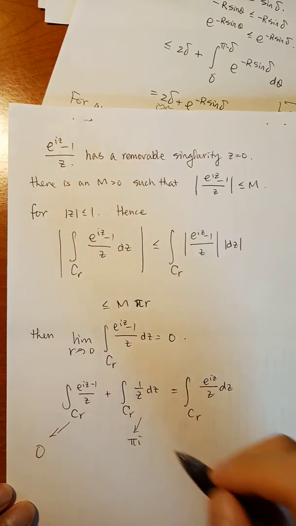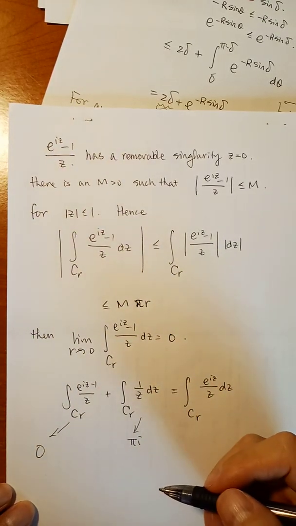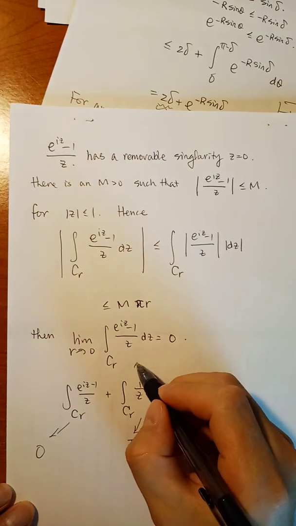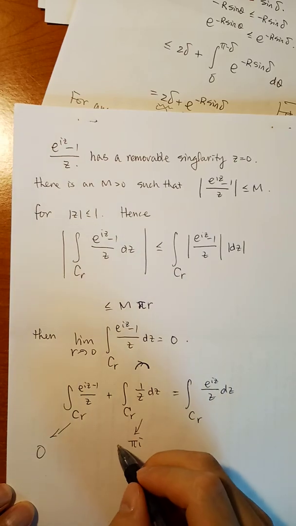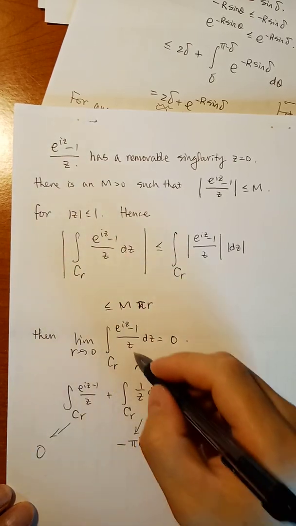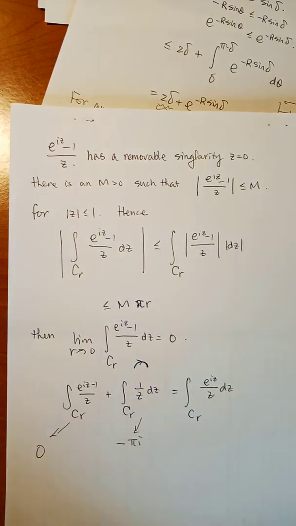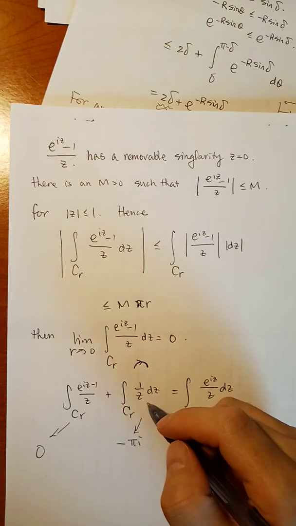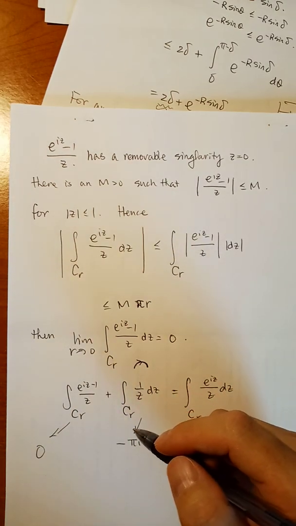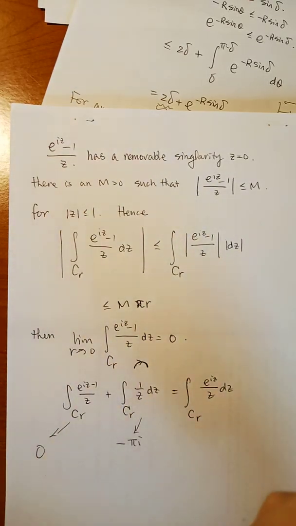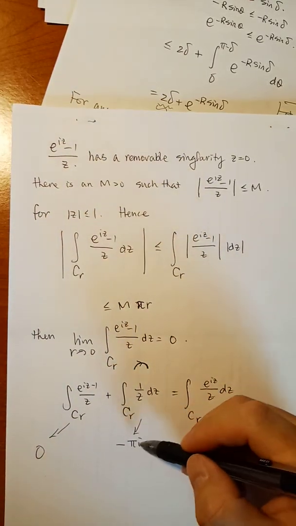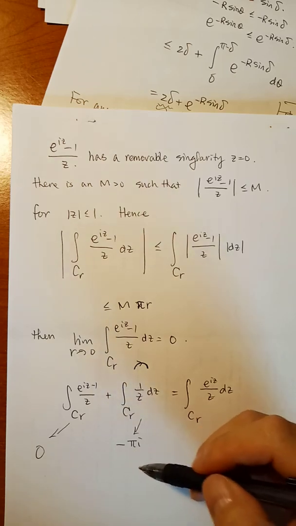The question is whether it is a positive or a negative pi i. This time it's a clockwise orientation, so it's a negative pi i. Whenever you integrate 1 over z along a semicircle centered at the origin, you will always get pi i, and the only thing is the sign, positive or negative.